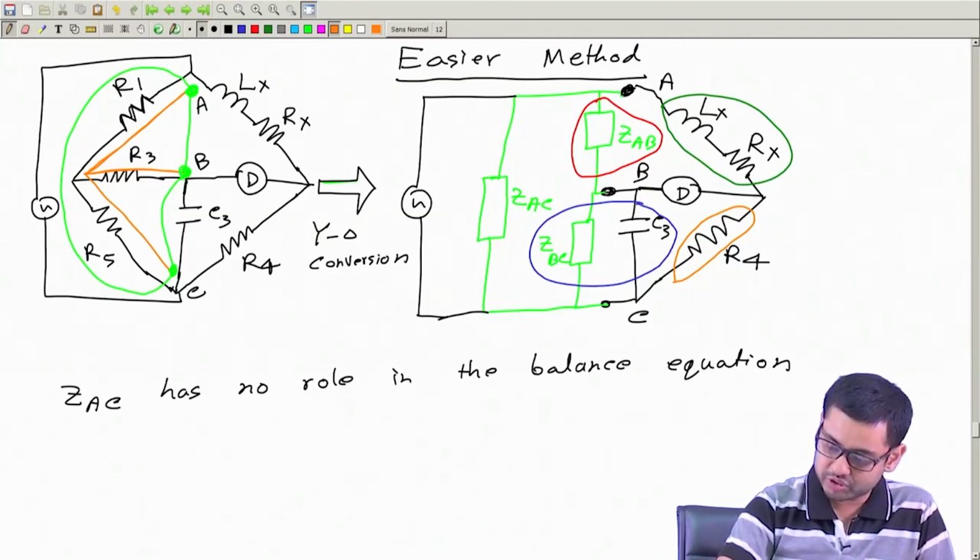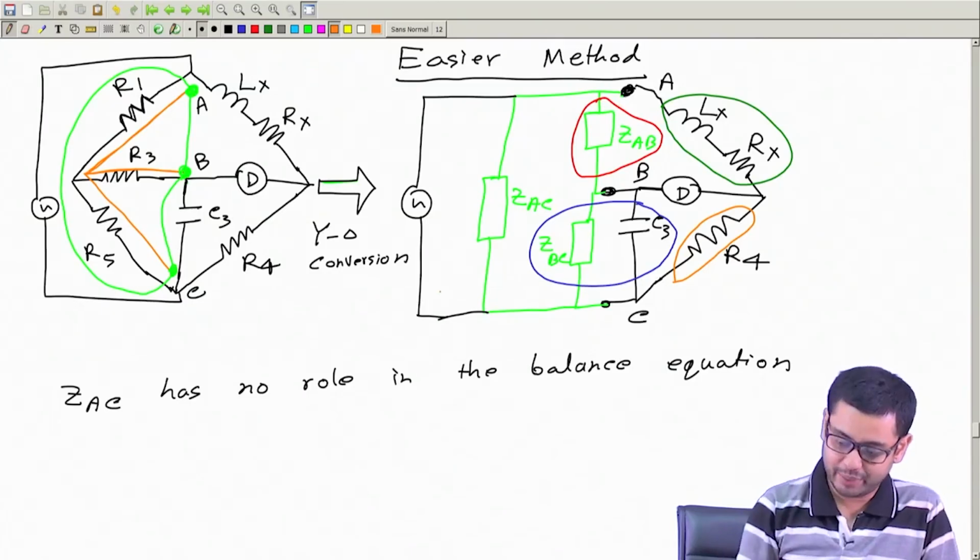Between these two opposite terminals we have the detector, and between these two opposite terminals we have the supply.